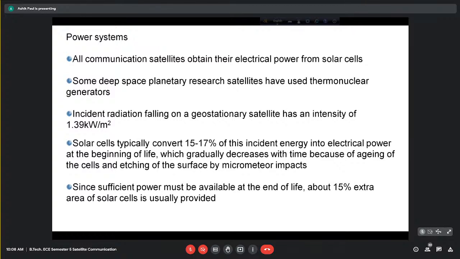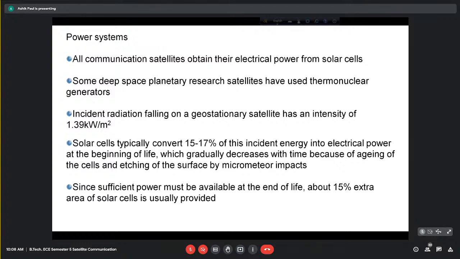Also there are micrometeors, very minute meteoric structures in space. When they brush or collide with the surface of an assembly of solar cells, they damage or etch the surface.